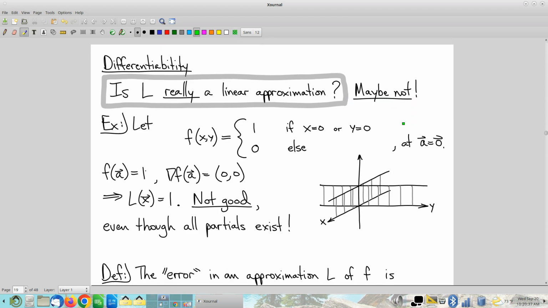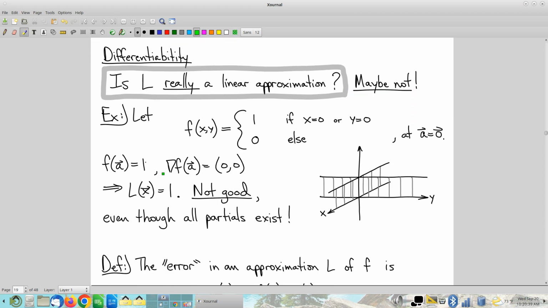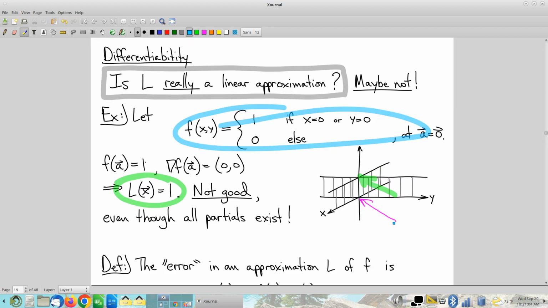And we saw an example here where the formula that we came up with, that seemed so reasonable, as we approach the origin for this particular function, that linear approximation, air quotes, linear approximation that we wrote down, has values that are uniquely 1, a constant 1, and yet the original function has values that are not, anywhere along this purple line going at an angle toward the origin.